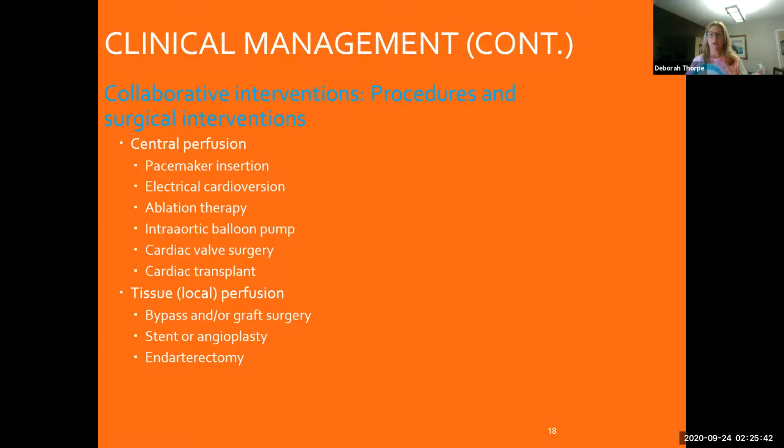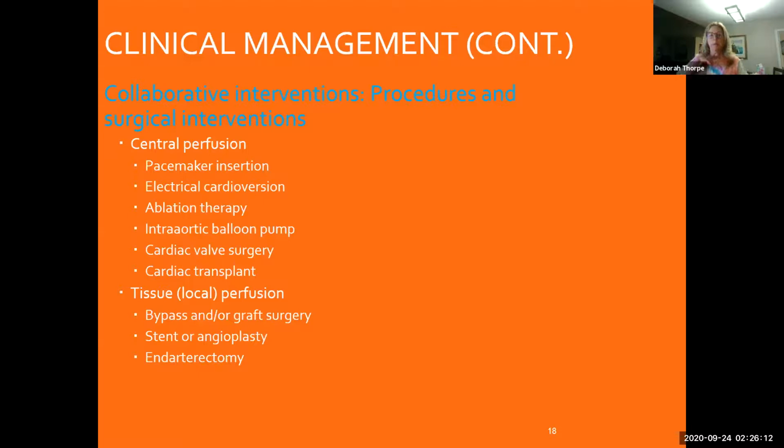Electrical cardioversion, basically this is when you shock someone. Now they can do that for different reasons. Obviously if someone's heart stopped, but maybe someone's in a run of VFib or ventricular tachycardia, or any number of reasons why they may cardiovert somebody.